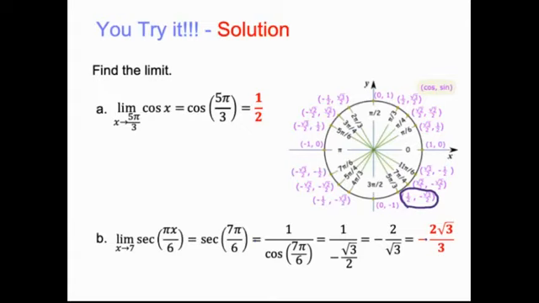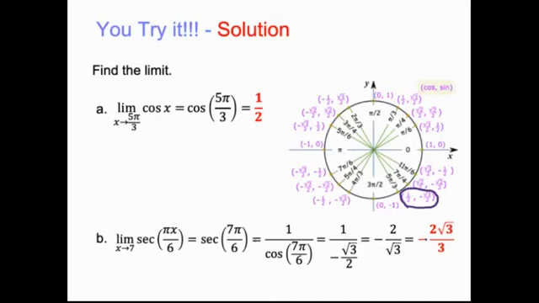For part B, we're asked to find the limit as x approaches 7 of secant of pi x over 6. So we can use direct substitution again. And also I just switched out pi and x so that I got secant of 7 pi over 6. And then we use the trig identity that secant x equals 1 over cosine x. So this equals 1 over cosine of 7 pi over 6.